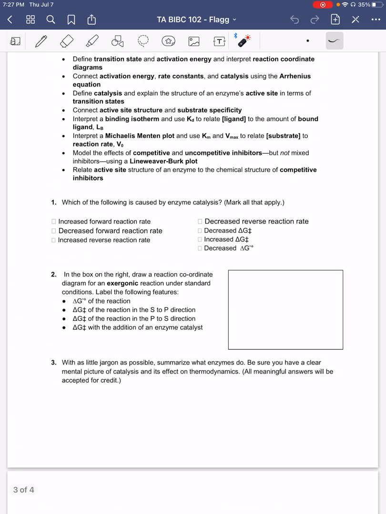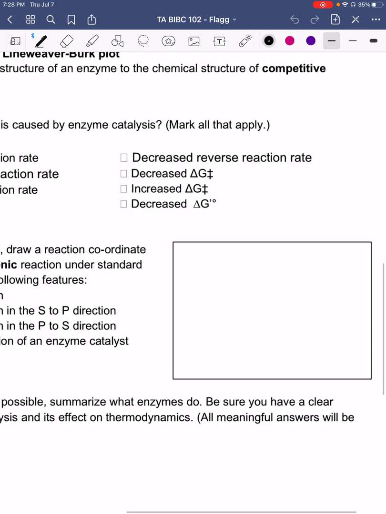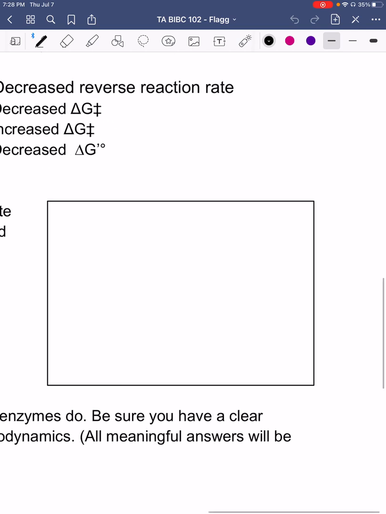For number 2, it's asking us to draw a reaction coordinate diagram, or an energy diagram, that shows an exergonic reaction under standard conditions, and to make sure we label these 4 bullet points on this diagram. So let's go ahead and do that. An energy diagram is going to consist of a y-axis and an x-axis.